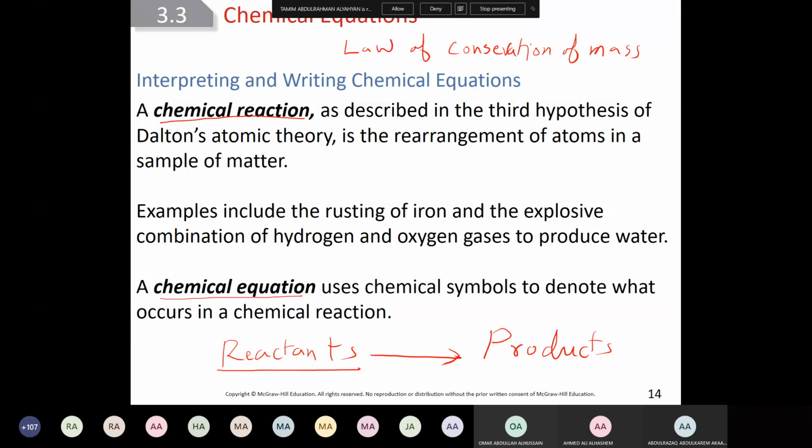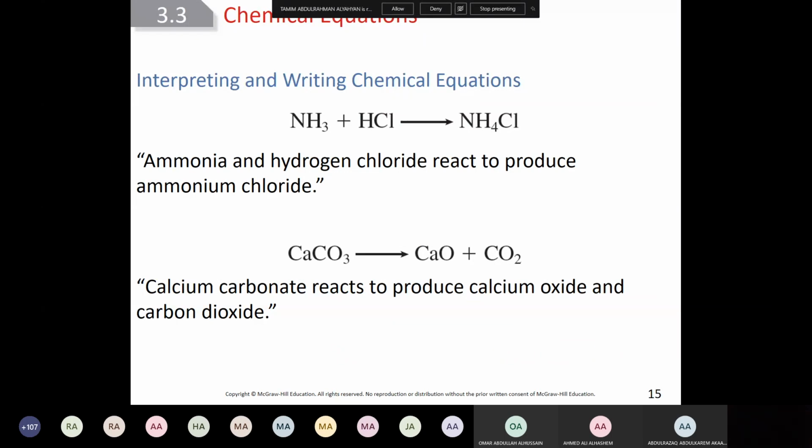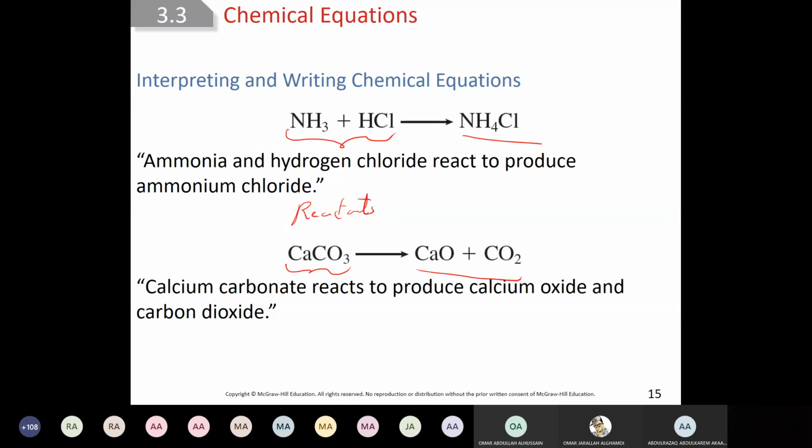That's why we need to balance the chemical equation. Don't forget, this side are reactants, and this side are called products.